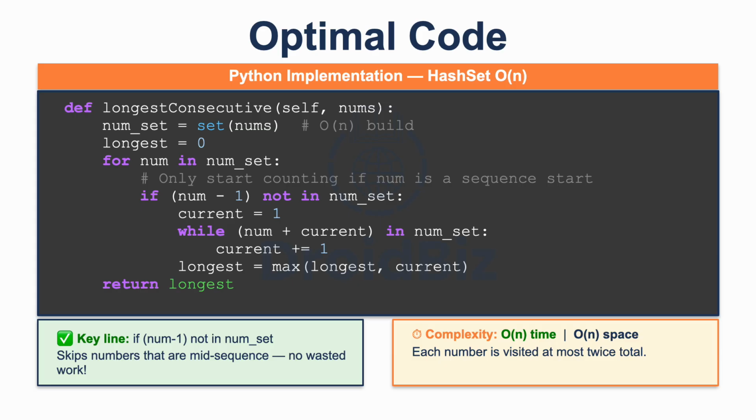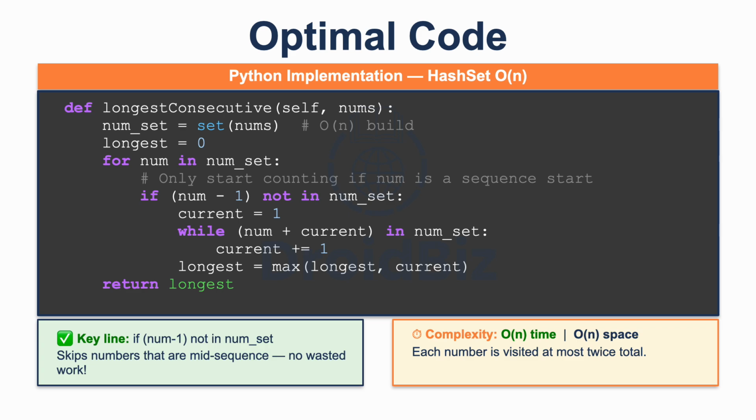Line 5. If it passes the check, this number is a sequence start. We initialize current to 1. Lines 6 and 7. We use a while loop to keep counting upward. As long as number plus current is in the set, we increment current. This walks through the whole sequence in one go. Line 8. We update longest to the maximum of longest and current.